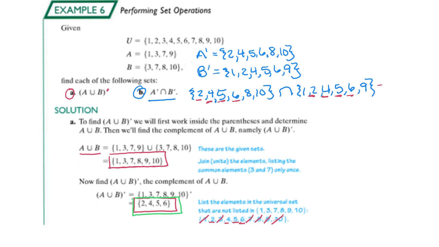So the intersection, or the final answer, would be 2, 4, 5, and 6. And that is the complement of A intersecting with the complement of B.